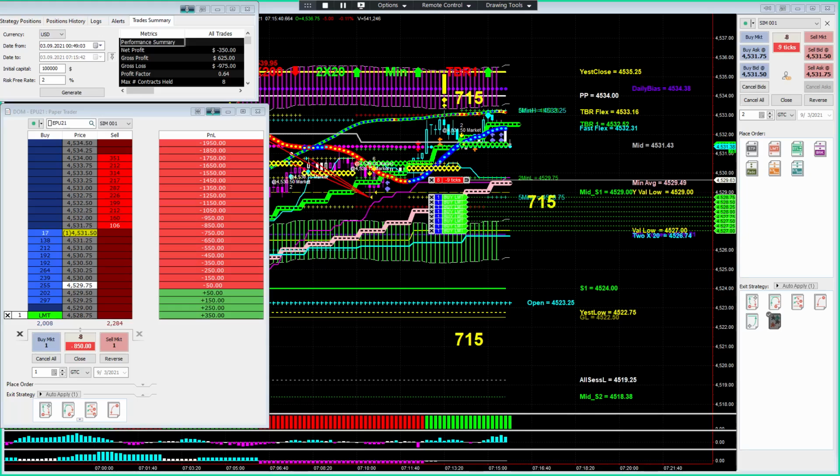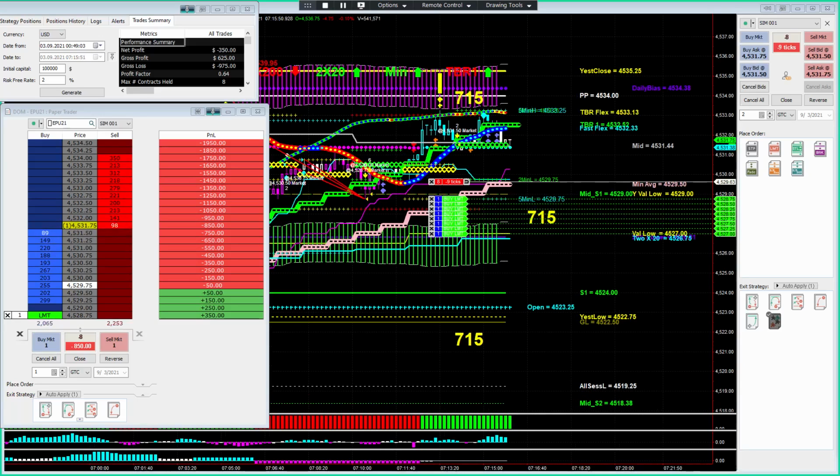If it breaks this 2-minute close, going into the minute average, I may add, trying to sell a little bit. That 2-minute close in the midline is holding right now. Kind of coming from the tops.